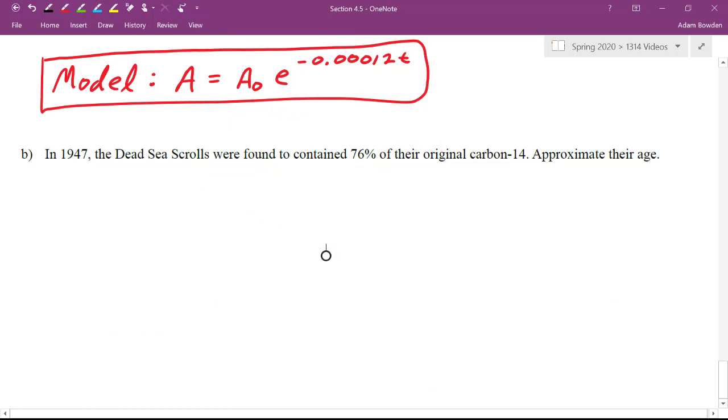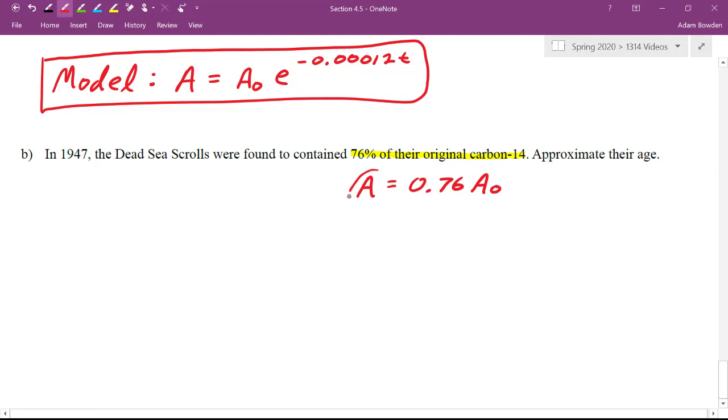Now the next part of this question says the Dead Sea Scrolls were found to contain 76% of their original carbon-14. With this information, let's approximate their age. How we interpret this information, 76% of the original carbon-14, means that the amount they contained, which is A, is going to equal 0.76 of the original amount A naught.